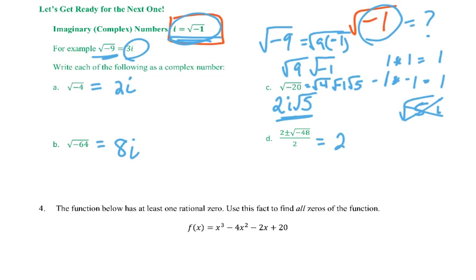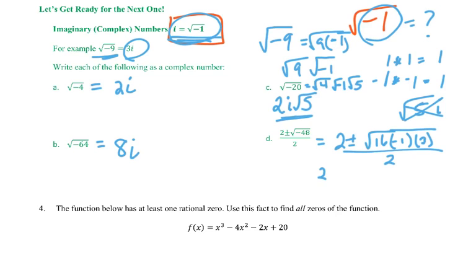We'd have 2 plus or minus, well, 48 could be written as 4 times 12. Oh, we can actually get 16, right? Because 16 times 3. So that's going to be 16 times -1 times 3 over 2.